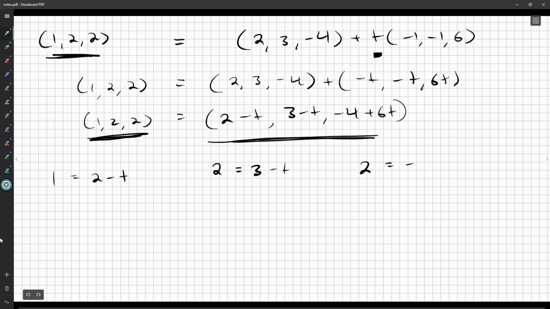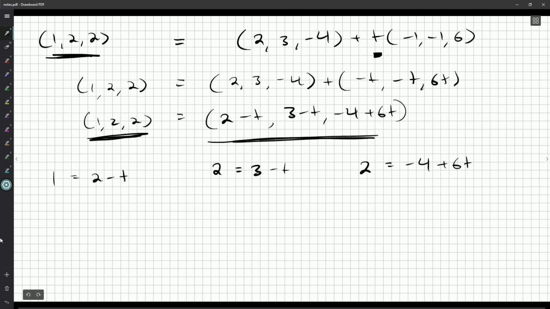And the third components would have to be equal, so 2 would have to be -4 plus 6t. If we can solve each of these equations and get the same value of t for each one, then yes, (1, 2, 2) is on the line. If we get a different value for t somewhere, then no, (1, 2, 2) is not on the line.